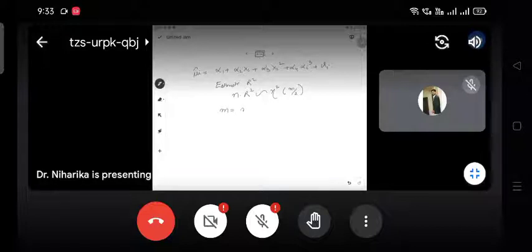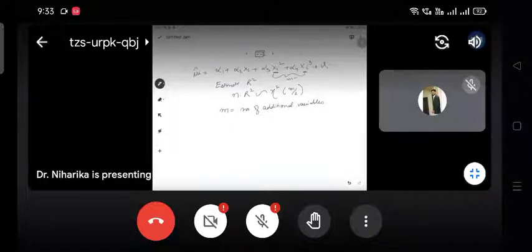M is the number of additional variables here. So the additional variables are the square and cube terms that we've put in. This is not alpha, this is x. So in this case we have put 2 here.